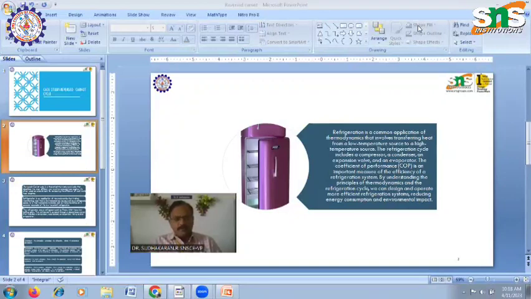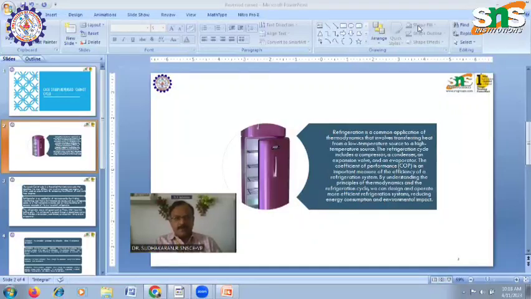So what is the function of each individual component? First, we will take the compressor. A compressor is a device which is used for compressing the vapor refrigerant to high pressure and high temperature. This compressed vapor refrigerant travels to the next device, that is the condenser.